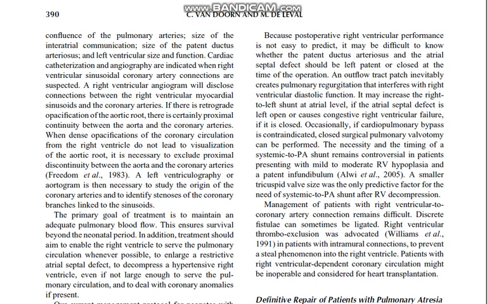Management of patients with right ventricular to coronary artery connections remains difficult. Discrete fistulas can sometimes be ligated. Right ventricular thromboexclusion was advocated in patients with intramural connections to prevent a steal phenomenon into the right ventricle. Patients with right ventricle dependent coronary circulations might be inoperable and considered for heart transplantation.